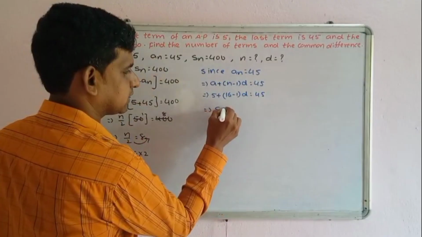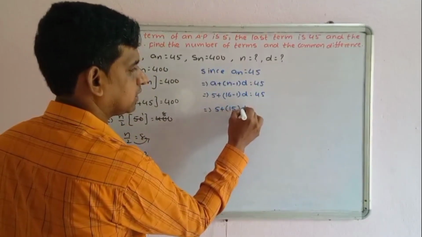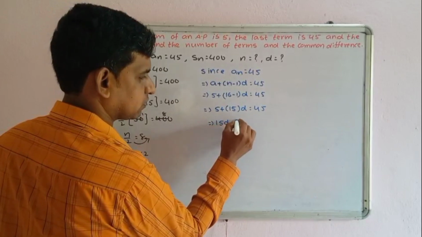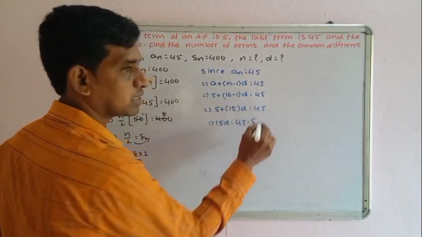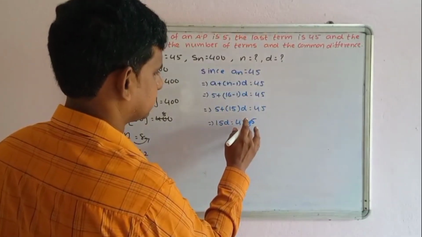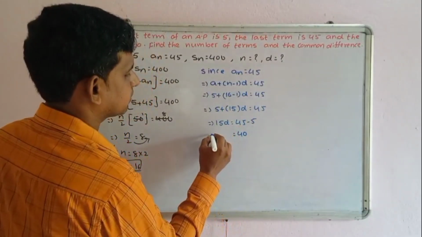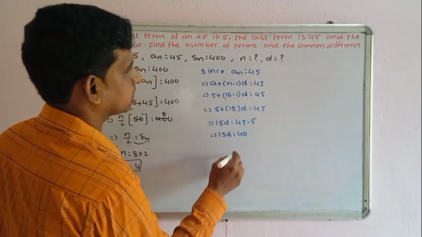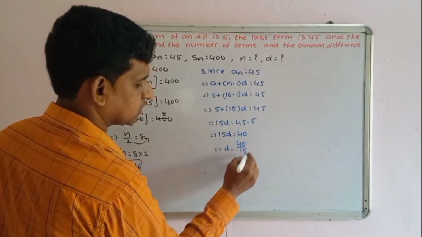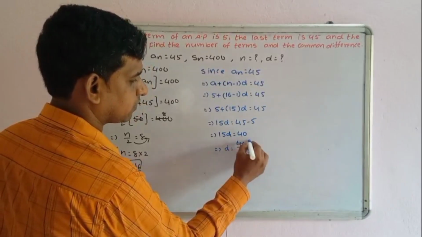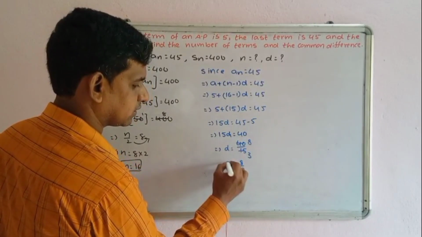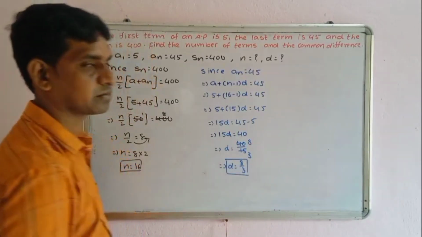So 5 plus 16 minus 1 is 15. 15d equals 45. Wait, 5 transposes to the right side, minus 5. 45 minus 5 is 40. So 15d equals 40. So d equals 40 by 15. So 5 threes are 15, 5 eights are 40. Therefore the value of d is 8 by 3.